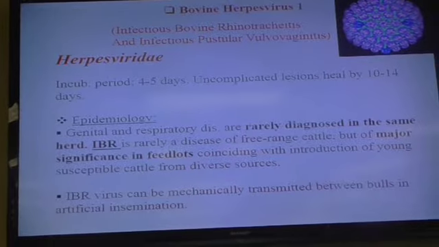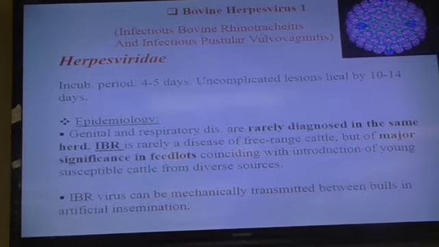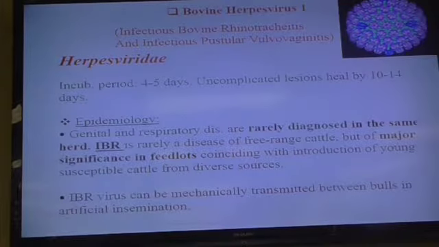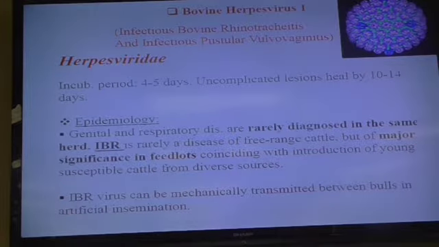In relation to epidemiology, the genital and respiratory forms are rarely diagnosed in the same herd. So infectious bovine rhinotracheitis and infectious pustular vulvovaginitis are rarely present together, but that does not mean that they cannot be. So you get either of them.